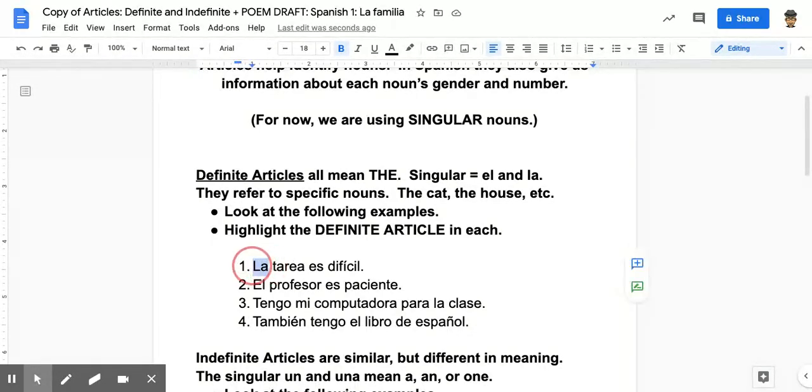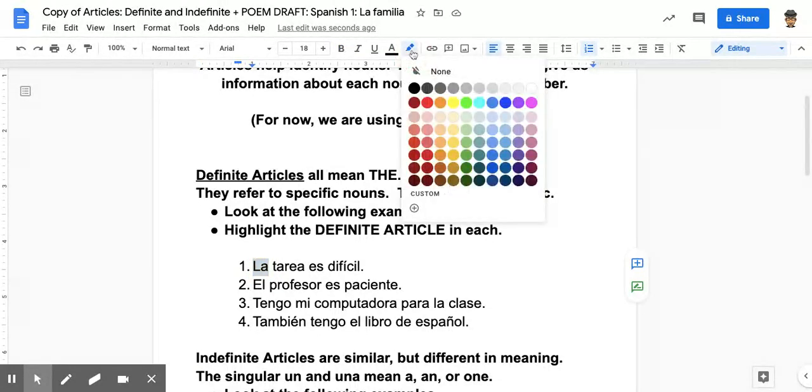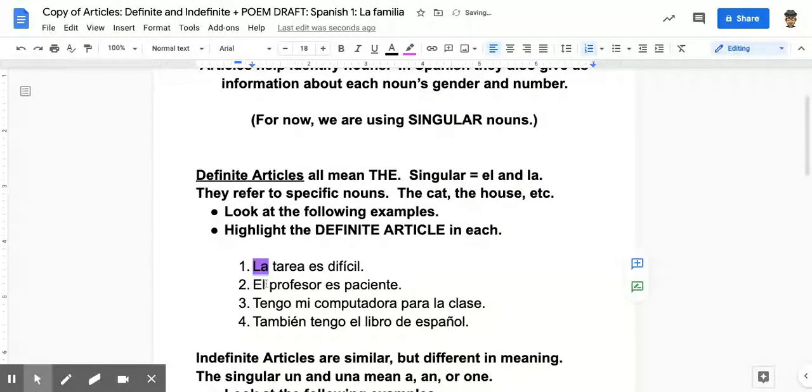So I'm going to choose different colors for masculine and feminine. La tarea es difícil. El profesor es paciente. Tengo mi computadora para la clase. Y luego también tengo el libro de español.